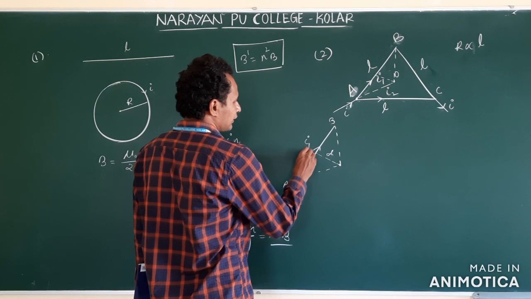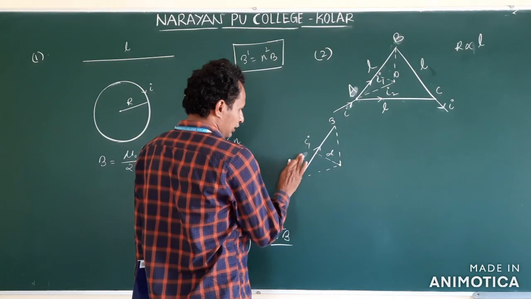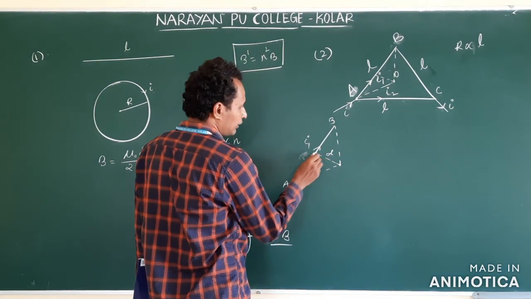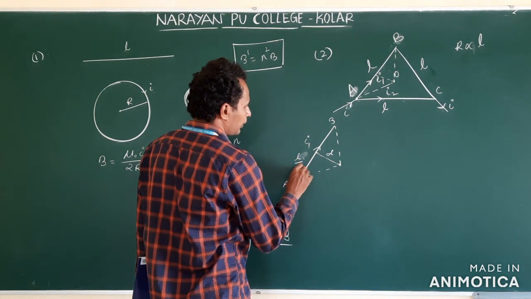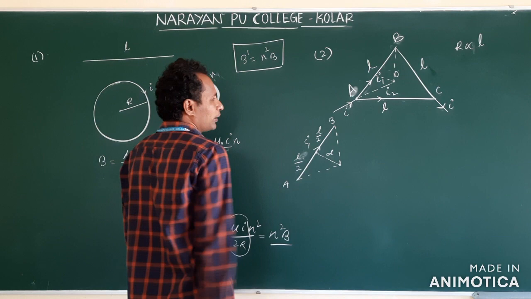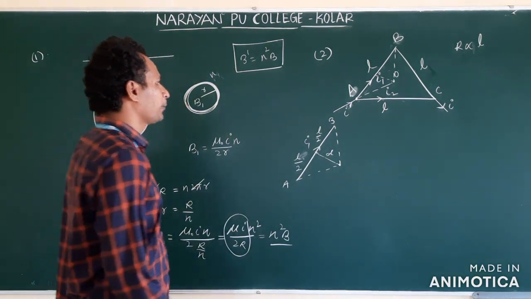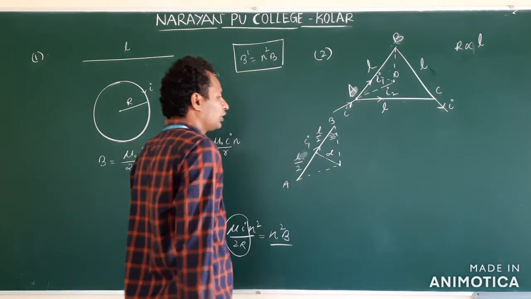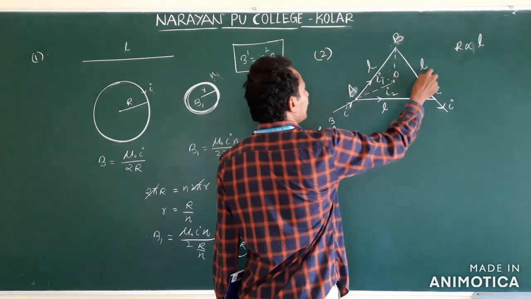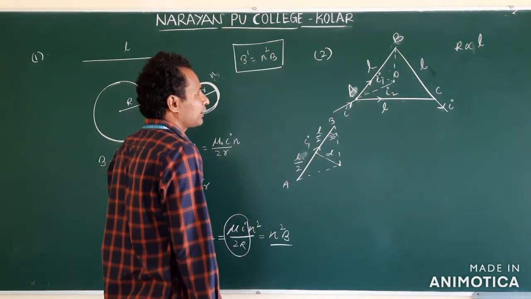So this length is L, this length is L. This perpendicular line bisects, so this will become L by 2, L by 2. Okay? This angle will be 30 because it is an equilateral triangle.